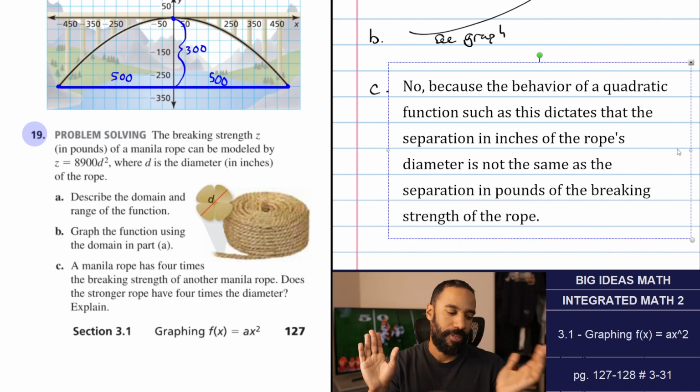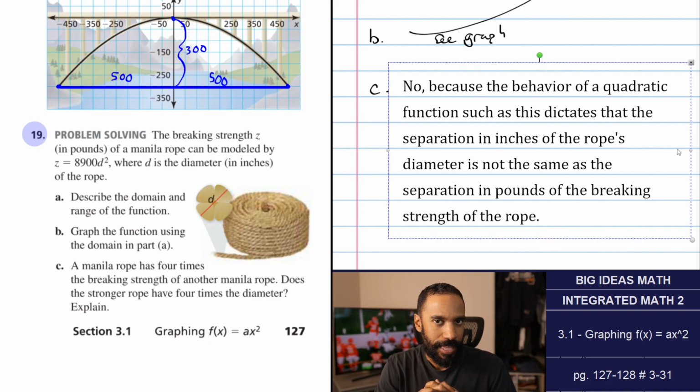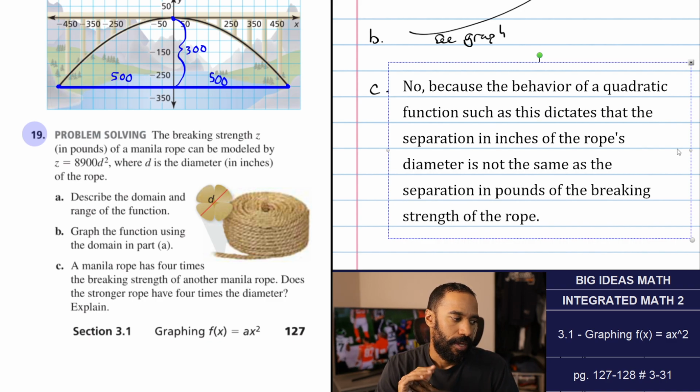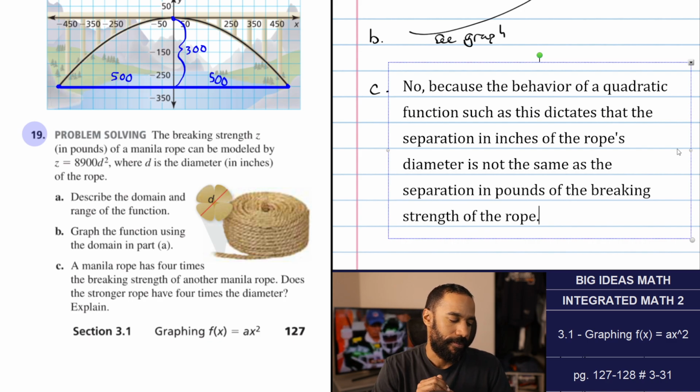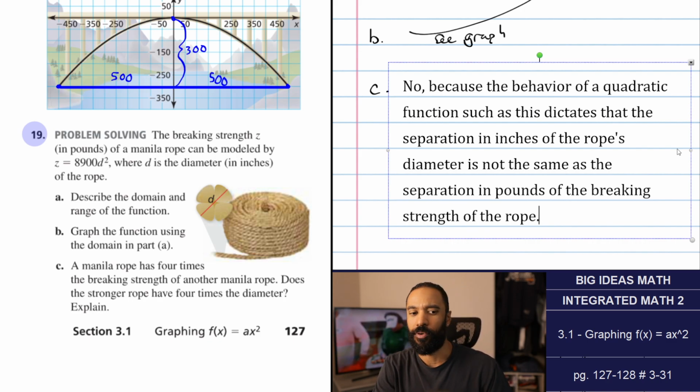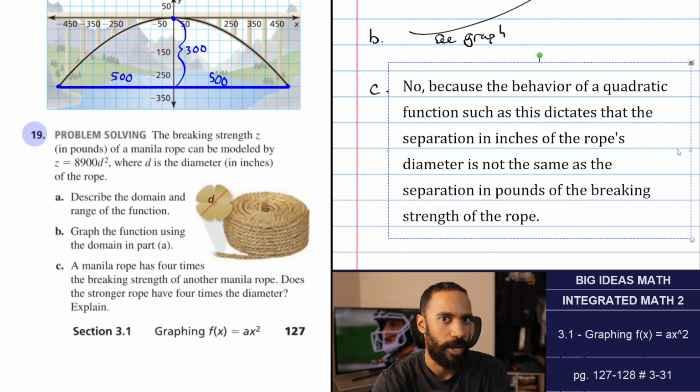Basically, it would probably be half that amount for inches, meaning it's probably half. If you have, let's see, how did I say it? A manila rope has 4 times the breaking strength. The diameter is probably twice as large because of quadratic behavior.